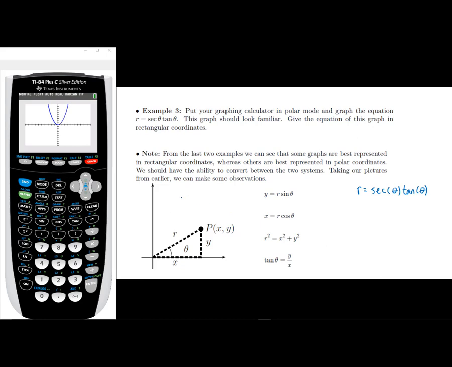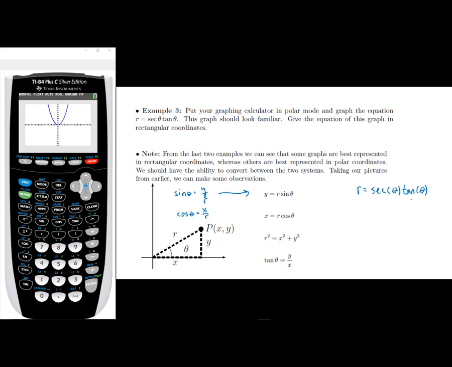So, because of the fact that I know that the sine of theta is equal to the y value divided by r, that tells me that y is equal to r sine theta. And similarly, since the cosine of theta is x over r, that tells me that x is r cosine theta. And then, of course, I know, because I have a right triangle here, that r squared equals x squared plus y squared, and finally that the tangent of theta is equal to y over x.